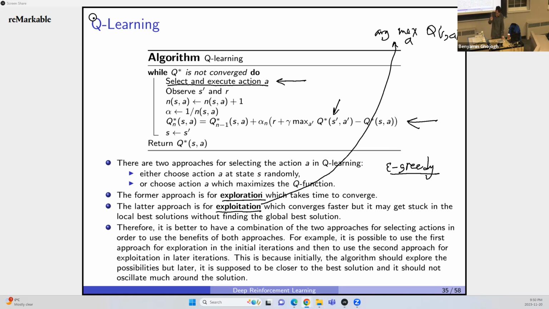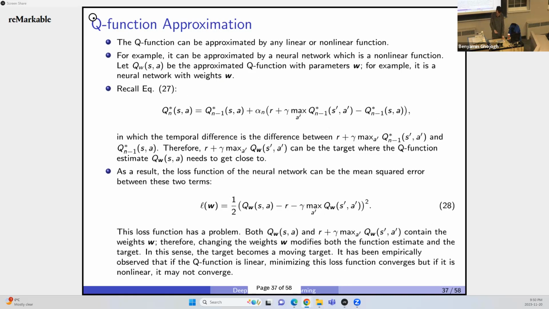Let me tell you one brief sentence. In the next session, we'll continue this, but the idea is this. Now we have the Q function, we want to approximate it. So let's approximate it by some function. This function can be linear or nonlinear. One of the important nonlinear functions that we can approximate things with is a neural network, because it has nonlinear activation functions in the middle of it, right?